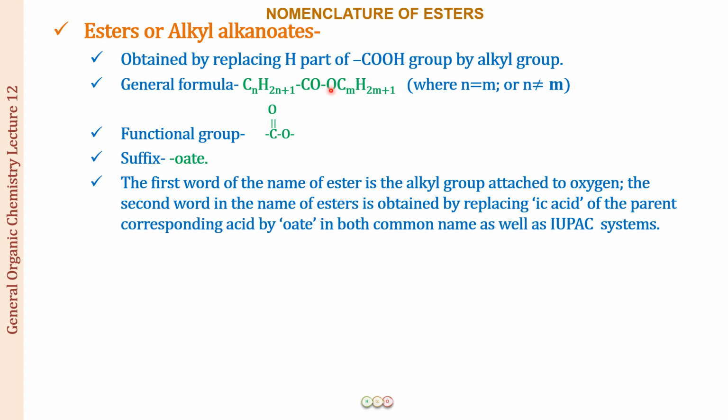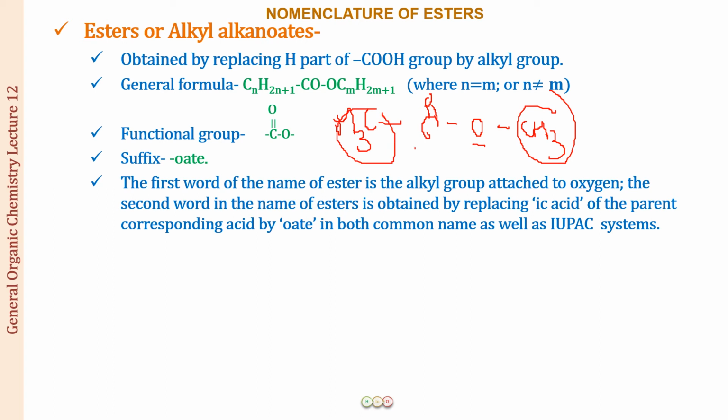For example, if I write CH3, C, with a double bond oxygen over here, an oxygen over here, and then I write a CH3 over here. It is this alkyl group which is attached to oxygen. This other alkyl group is attached to the carbon, right?